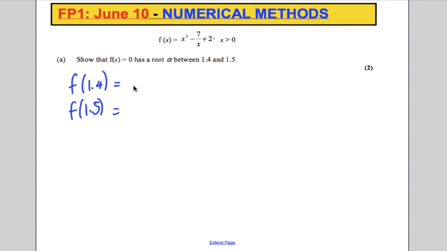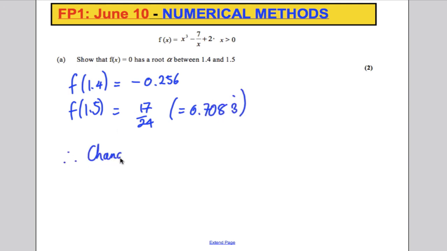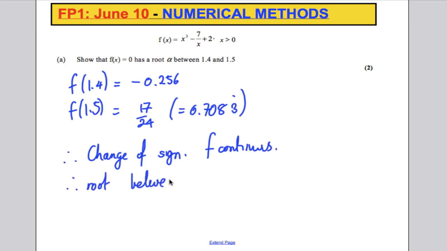So you get yourself negative 0.256, calculate at 1.5, and you get yourself 17 over 24, which is 0.7083 recurring. Okay, therefore change of sign, f continuous, therefore root between 1.4 and 1.5. Again, as always, the easiest 2 marks on the paper.